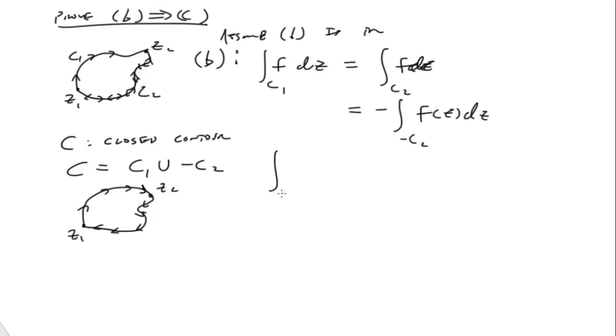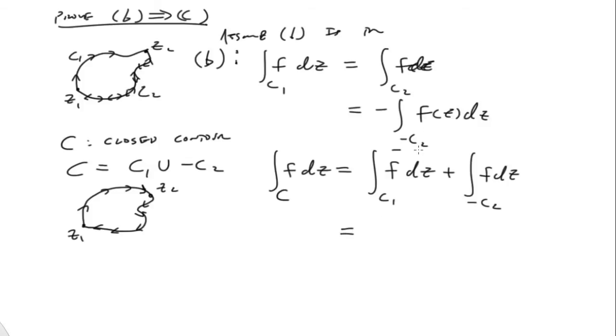All right, so we can keep writing this. That means the integral over capital C of f dz is equal to the integral over C1, because we can always break this contour integral into two pieces, plus the integral over minus C2 of f dz. But we know that this right here is equal to this. Everywhere I see one of these, I can put this in its place.